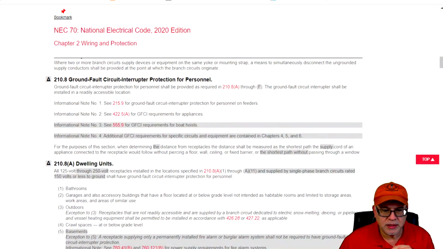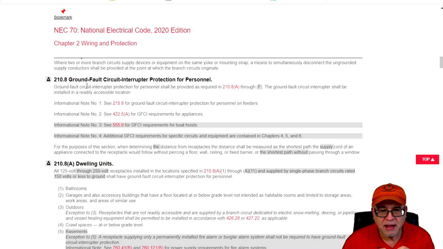So let's look at the National Electrical Code and wrap our heads around what we're doing here. As you can see on the screen, we're talking about 210.8 for the 2020 edition. Remember, 210.8(A) is specifically for dwelling units.